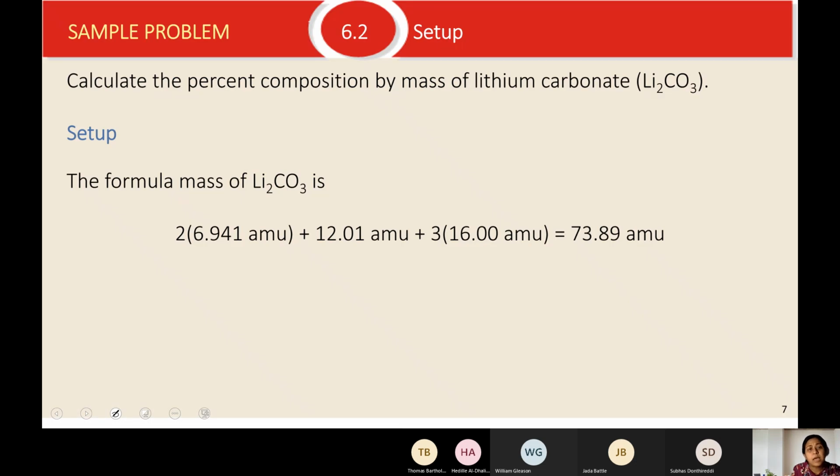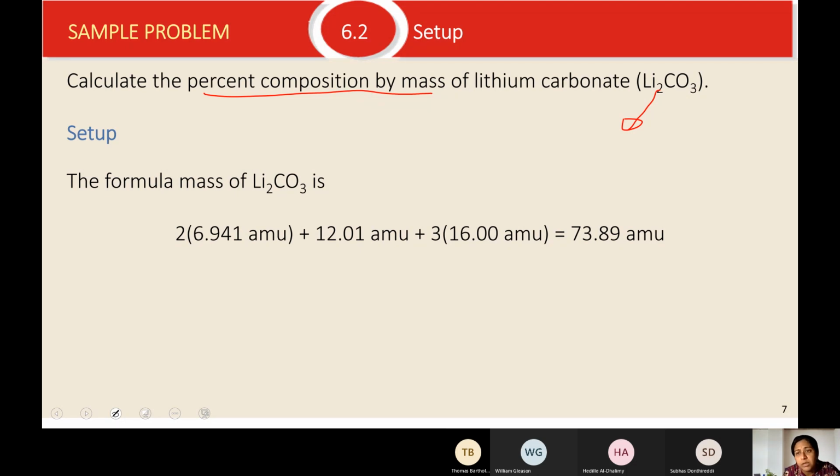Let's see how we can do this sample problem. It asks us to find the percent composition by mass of lithium carbonate. So we need to give the composition of this compound by percentages of mass.